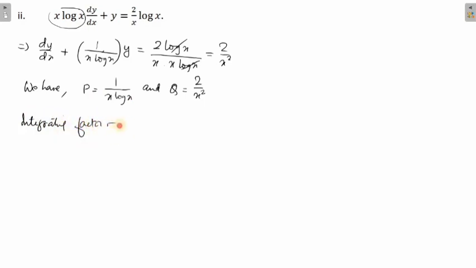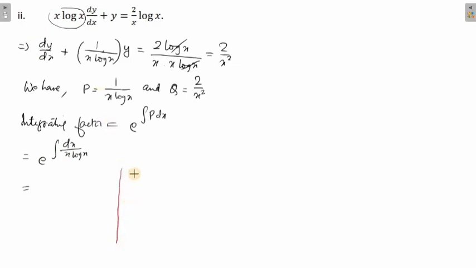So this is equals to e to the power integral p dx. All of you know this. P is this much, remember? So integral dx by x log x, isn't it? Now, what kind of integral is this? This is integration using substitution. So let me do the substitution out here.